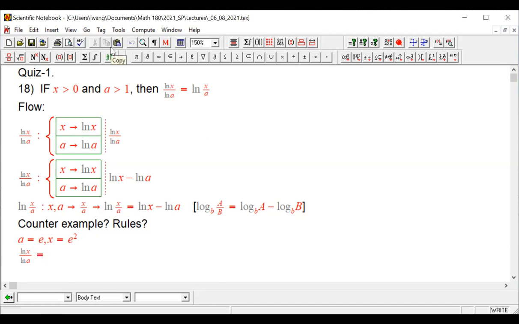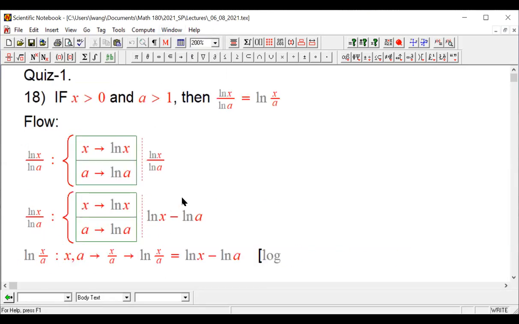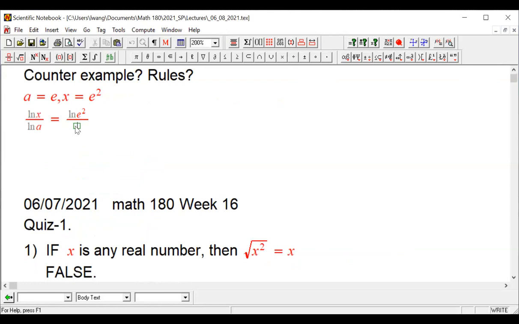The left-hand side would be ln of e squared, and the denominator is ln e. So we have 2 divided by 1, which is 2. That's the left-hand side.